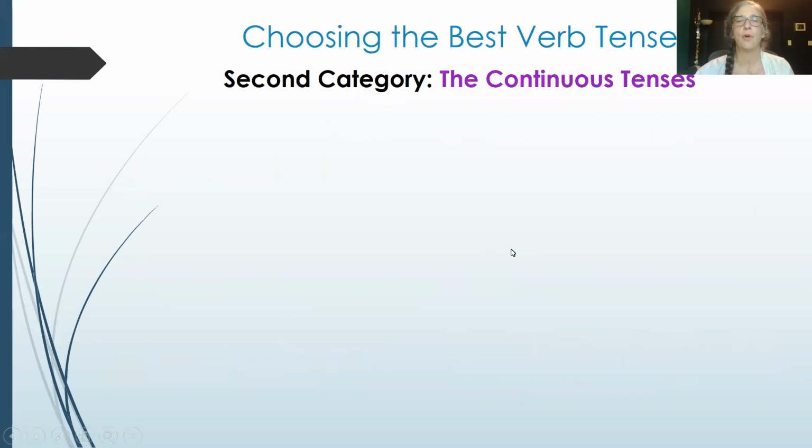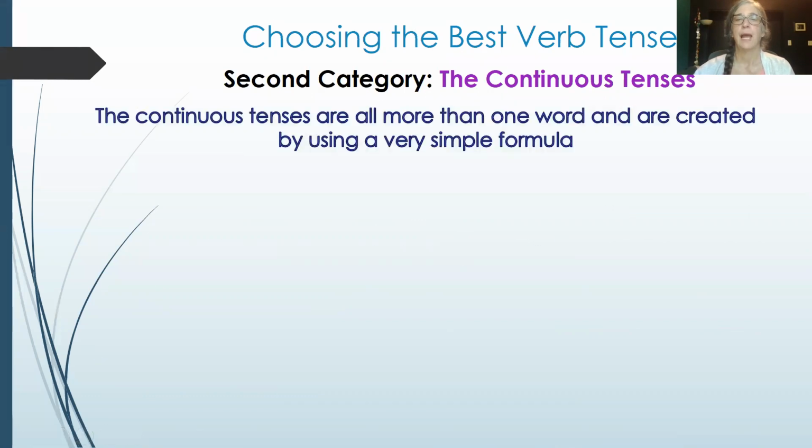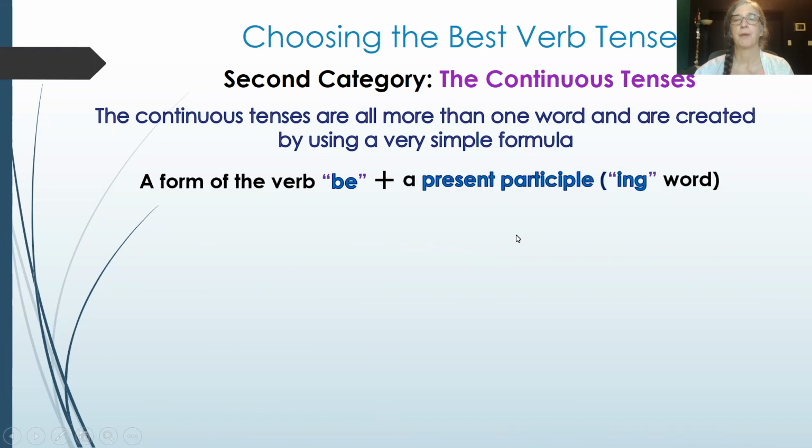So let's move on to our second category, the continuous tenses. Now, the continuous tenses, all of them are more than one word. And we create them by using a very simple formula: a form of the verb be plus the present participle.